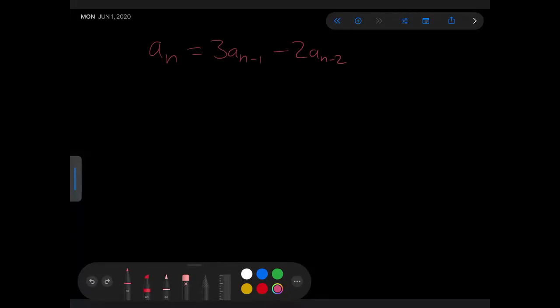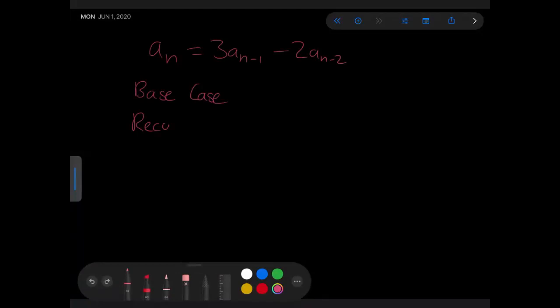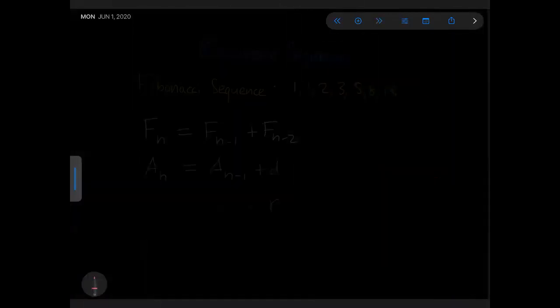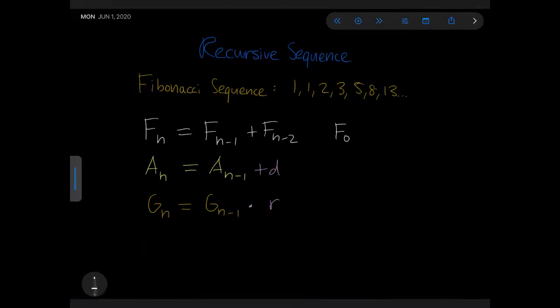One is the base case, and the other is the recurrence relation. The base case handles things the recurrence relation cannot. With our Fibonacci problem, this is like saying that f of 0 and f of 1 equal 1.